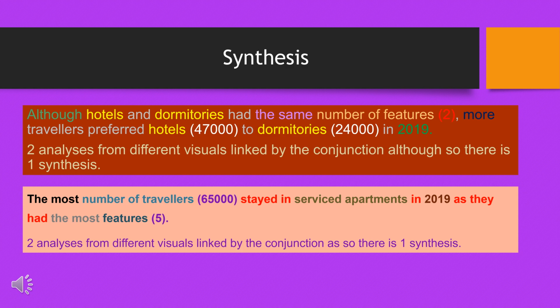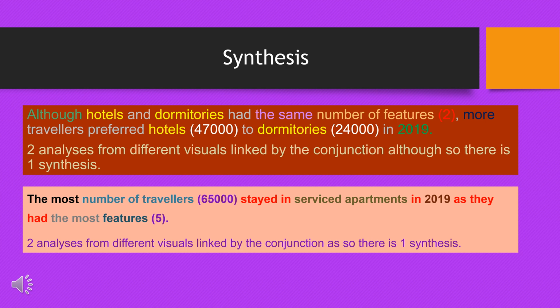More travelers, again, is the source of reference as well as the trend because it's more, right? Preferred hotels, 47,000: hotel is the key feature and 47,000 is the data for the hotels. To dormitories: dormitories is the key feature and 24,000 is the data.